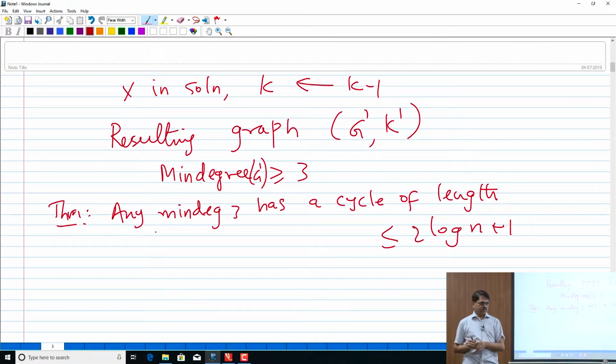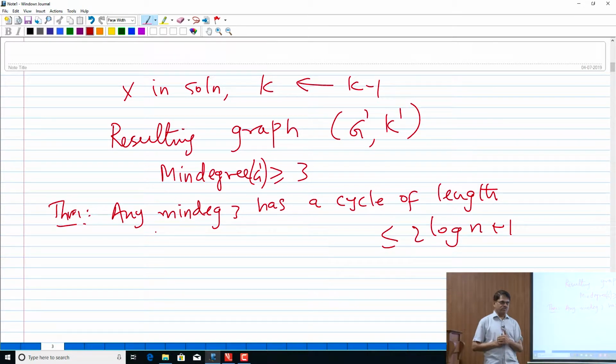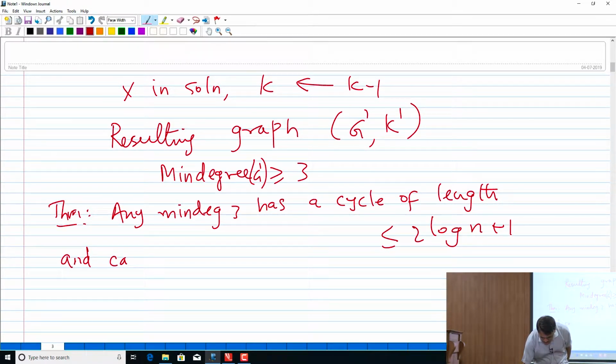Okay. Again, this is a very simple proof, essentially a 2-line proof. So that's why it's pushed to the problem sheet. Maybe if there is time, we can come back to it. So now, it can be found in some m plus n time.